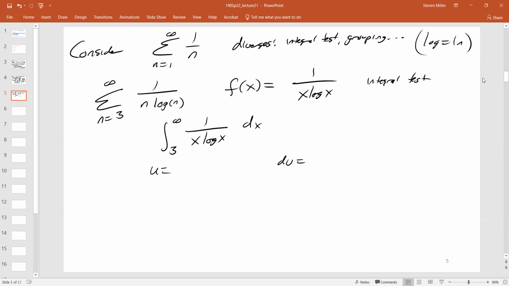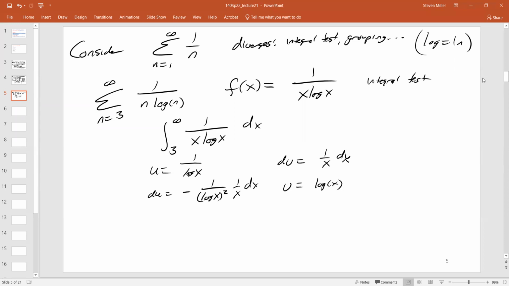So we would get u is equal to 1 over log x. Du would be negative 1 over log of x squared, and then the derivative of log x is 1 over x dx. dv would be 1 over x dx. What would v be? Log x.